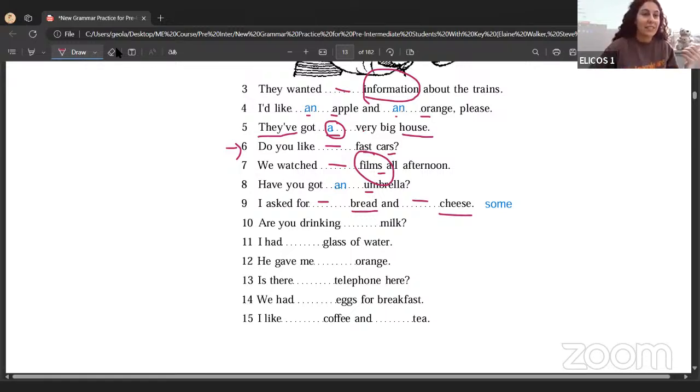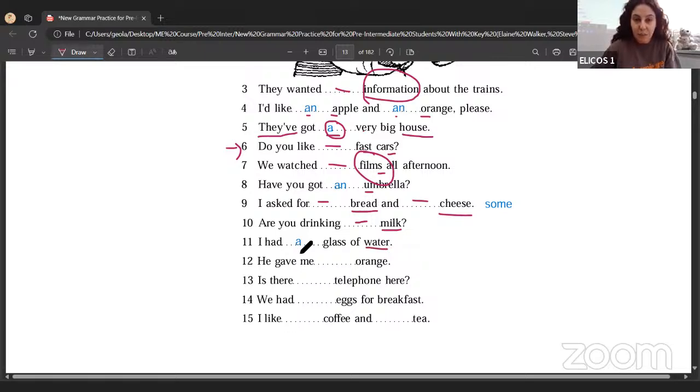10, Sarah. Are you drinking milk? Yeah, so no article. It is uncountable. Are you drinking milk? 11, Javiera. I had a glass of water. Yes. It is uncountable.